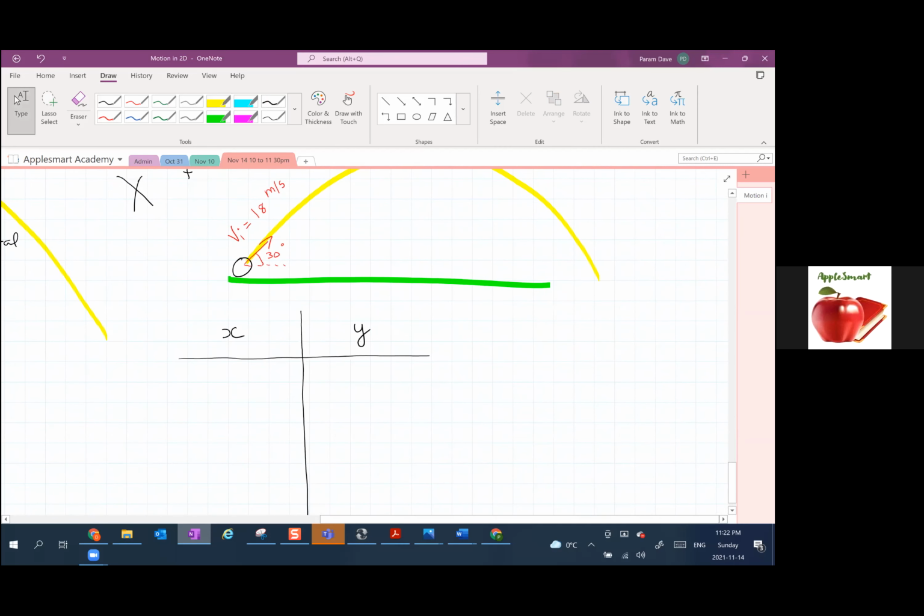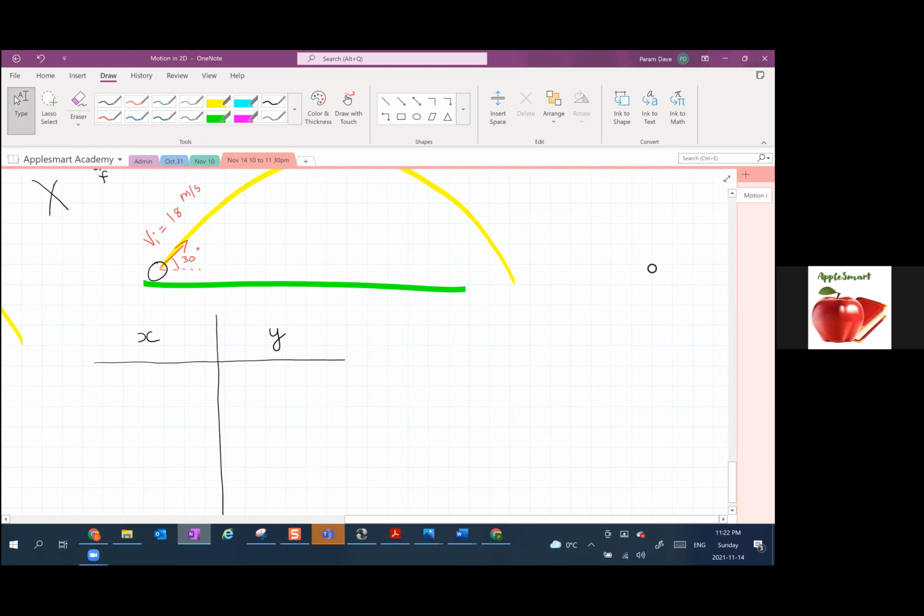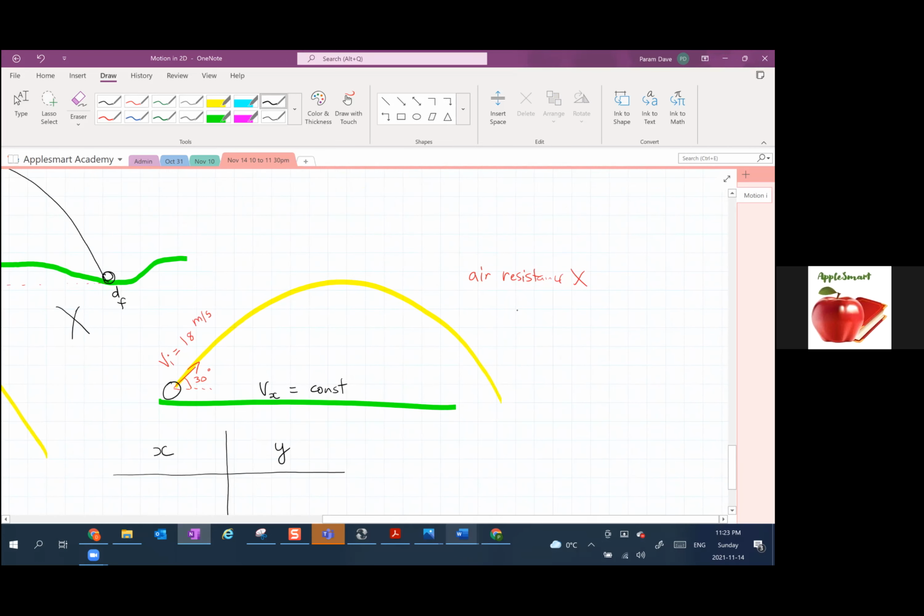Now, let's write down the stuff that we already know about the x and the y-axis. And remember, projectile motion, we're always going to neglect air resistance, no air resistance. Okay. What that means is, excuse me, its horizontal motion will have constant velocity. V along the horizontal is going to be constant because we are assuming there is no wind. If there was wind, then the wind, whatever the direction of the wind is in that particular day, would impact the horizontal motion of the ball.